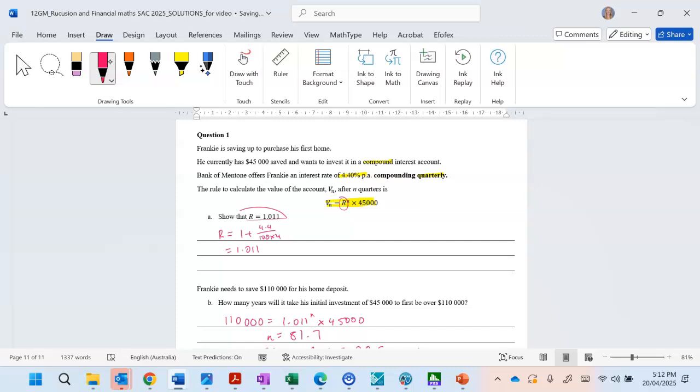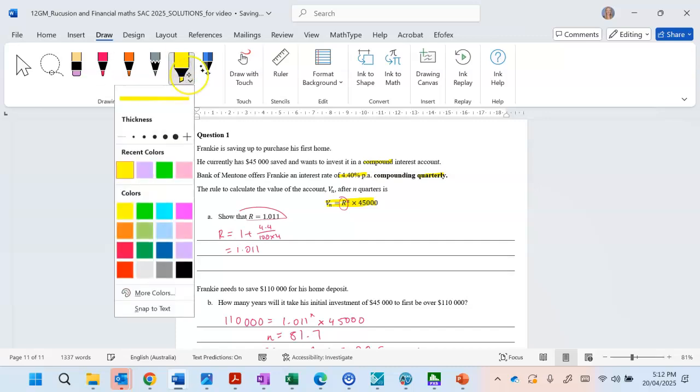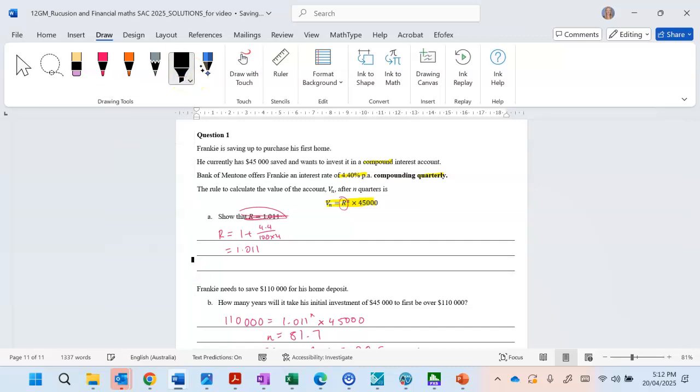Now you do have to show a calculation to get that number. So I always say to students, just pretend that answer's not there. Just pretend you can't see it and that it's asking for R. Because if at any stage you're substituting in the answer, then it's not a show that question.